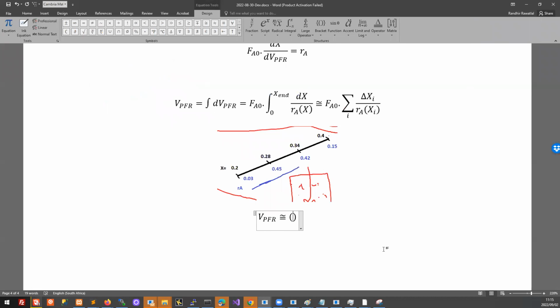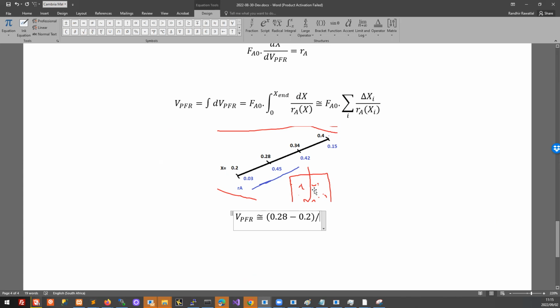So the first delta X is going to be 0.28 minus 0.2 divided by the reaction rate, and it should be the mean reaction rate in this region. So this should be 0.3, by the way, not 0.03. Well, or it could be 0.04 instead. But anyway, let's just take it as 0.03.